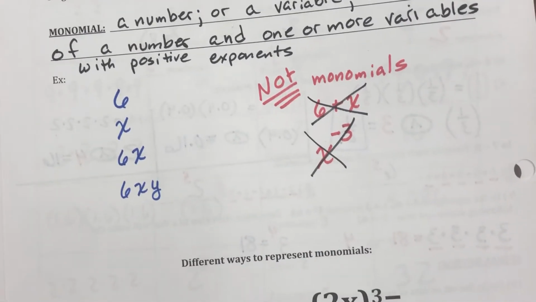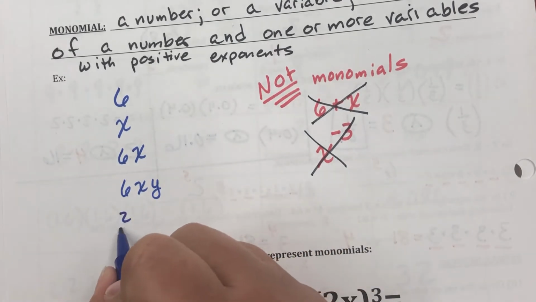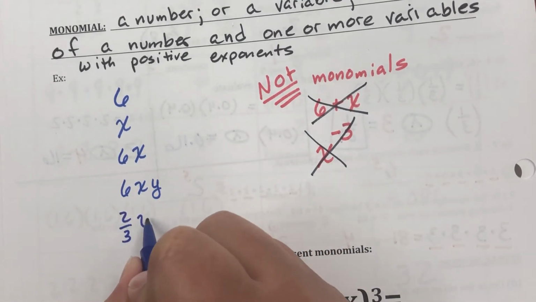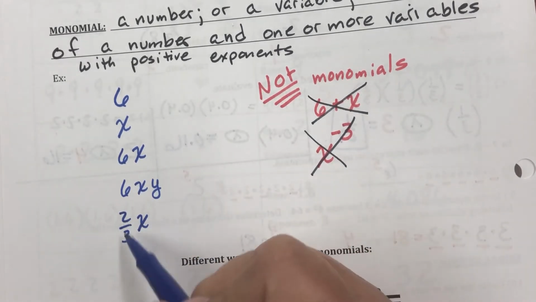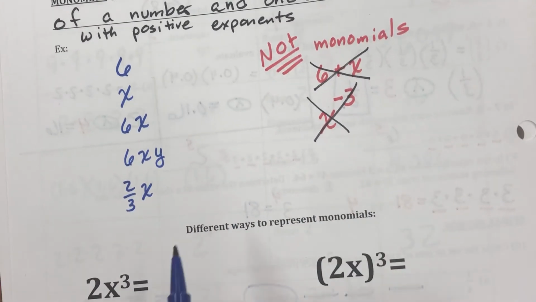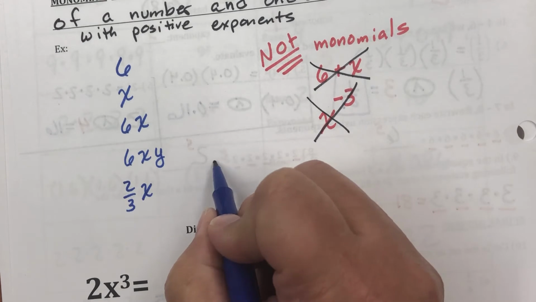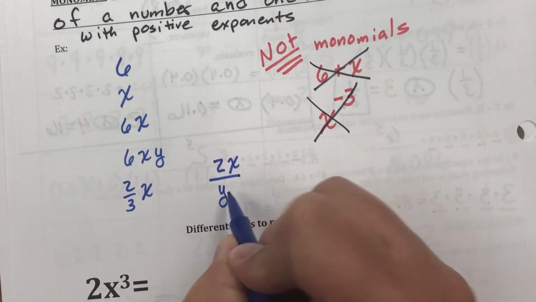But what if I have a fraction? What if I have something like 2/3 x? That's a monomial. It is. It's 2/3 times x. But what if it's written like this? 2x over y.